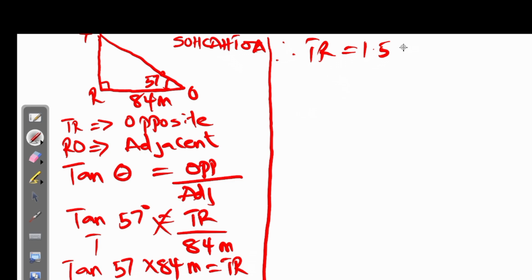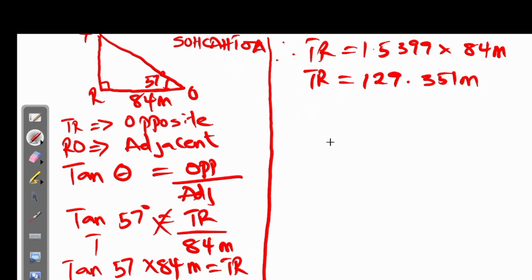Tan 57 is 1.539, times 84 meters. So TR is 1.539 times 84, which is 129.351.